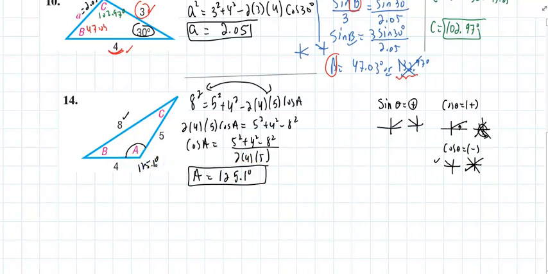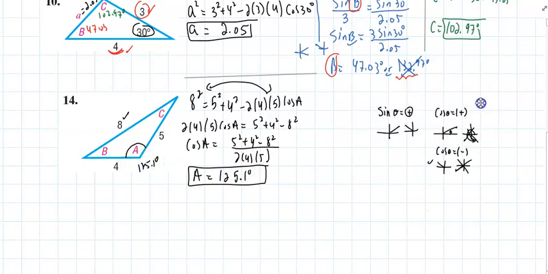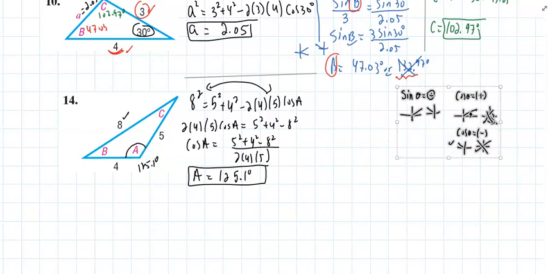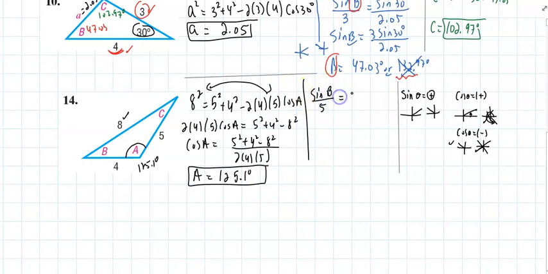And now that I know this, and since I know it's safe to use the law of sine or cosine, well, guess what? Now I could simply say, the sine of B over 5 should equal the sine of 125.1 degrees over 8.